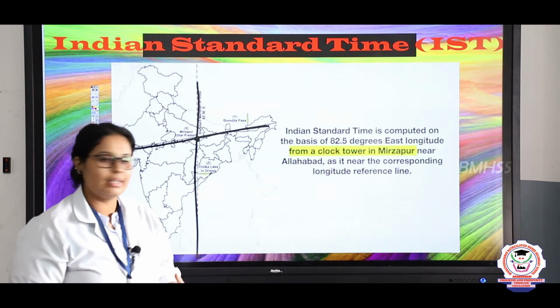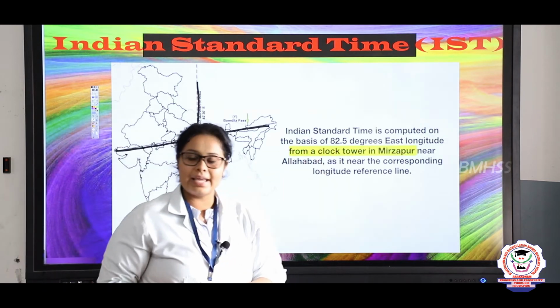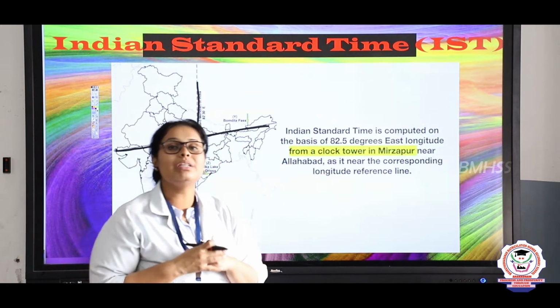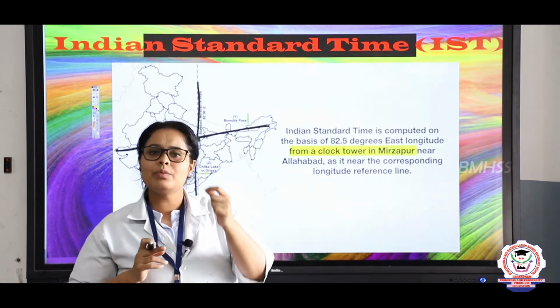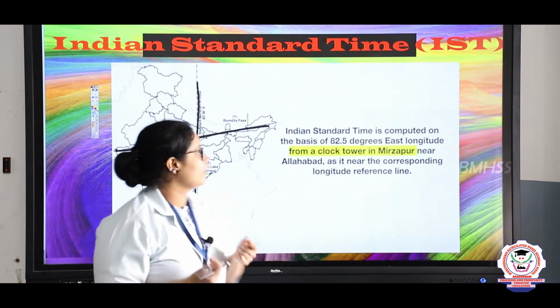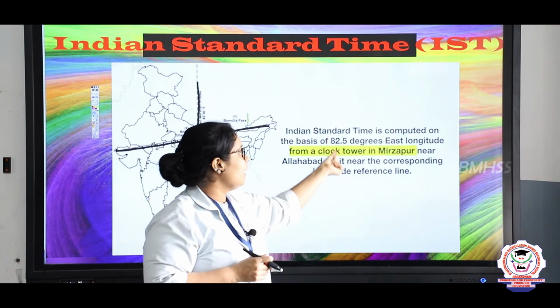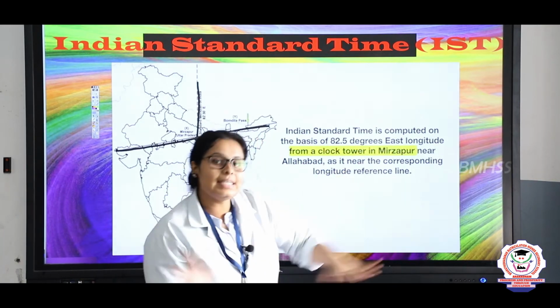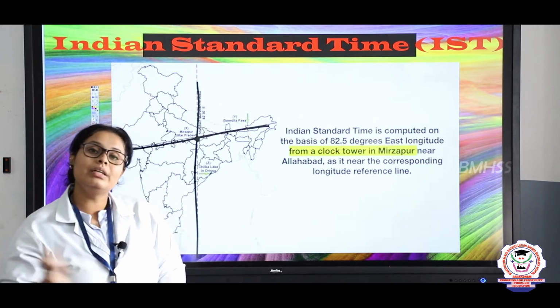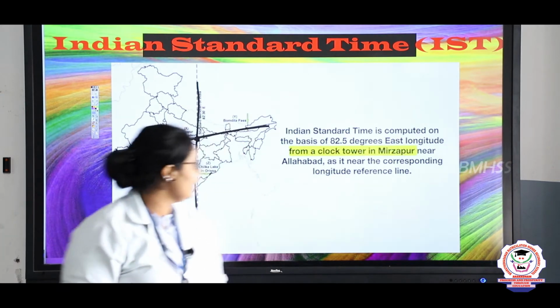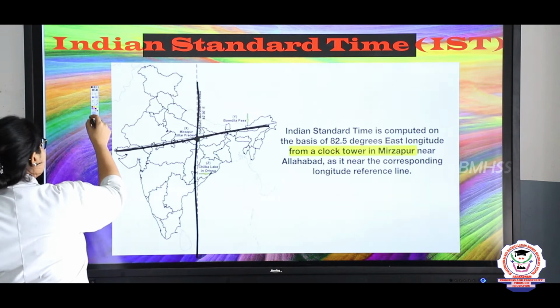Mirzapur is located in Uttar Pradesh. So there is one clock which will tell you the time, and that same time will be followed all over India, because it is kept at 82.5 degree east. What was the Greenwich, children? Greenwich was 0 degree, right. So that is an important thing in this.